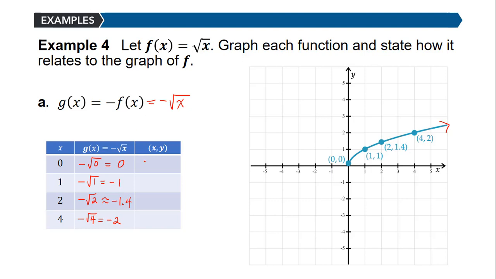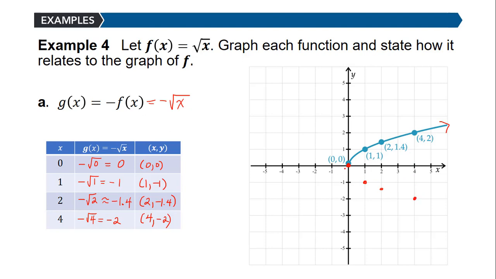So I have the ordered pairs 0, 0, 1, negative 1, 2, negative 1.4, and 4, negative 2. So whenever I plot these on this same graph, we'll see the result. So 0, 0, the origin, 1, negative 1 is in quadrant 4, 2, negative 1.4, and then 4, negative 2.